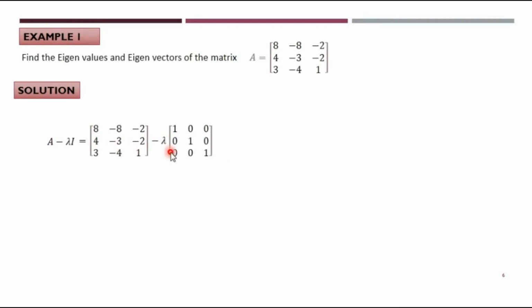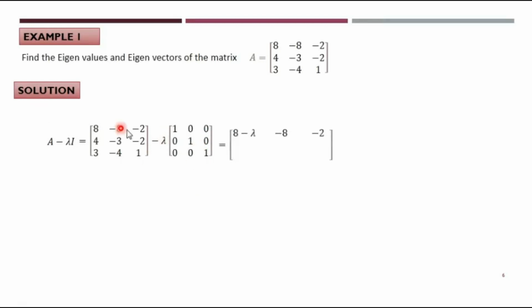Now what happens when we multiply a number by a matrix? क्या होता है? If I multiply a number by a matrix, what happens? All the elements of that matrix will get multiplied by lambda. है ना? तो क्या होगा?